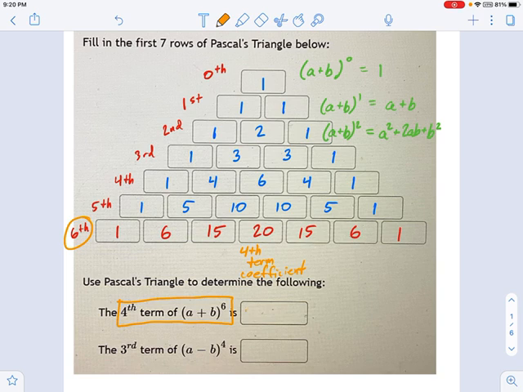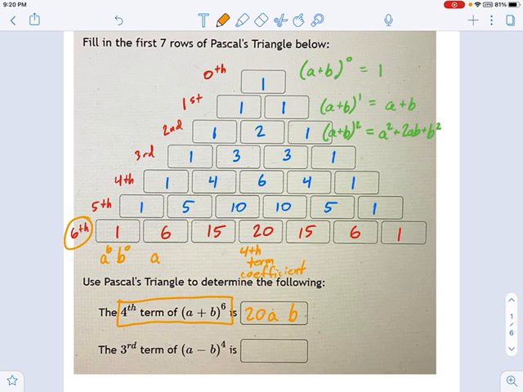We can write in the number 20. We know that part. And then we just have to figure out, well, it's a to some power times b to some power. And if you've noticed the pattern so far, the first term over here is always a to some really big power. So it starts out a^6, and there's no b term. It's just b to the 0th power, which is 1.